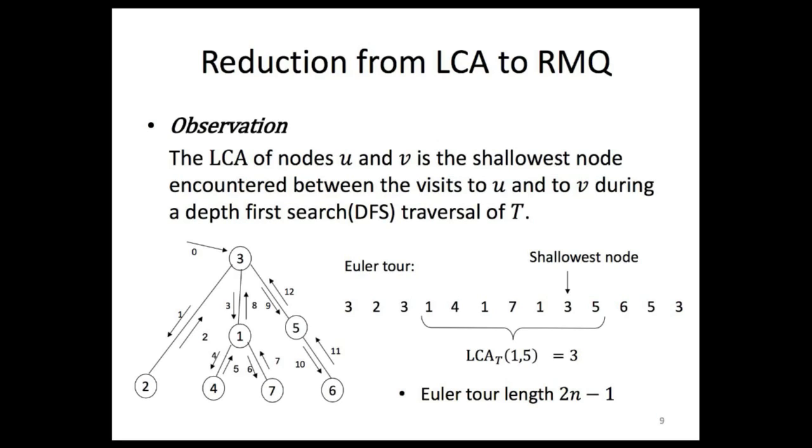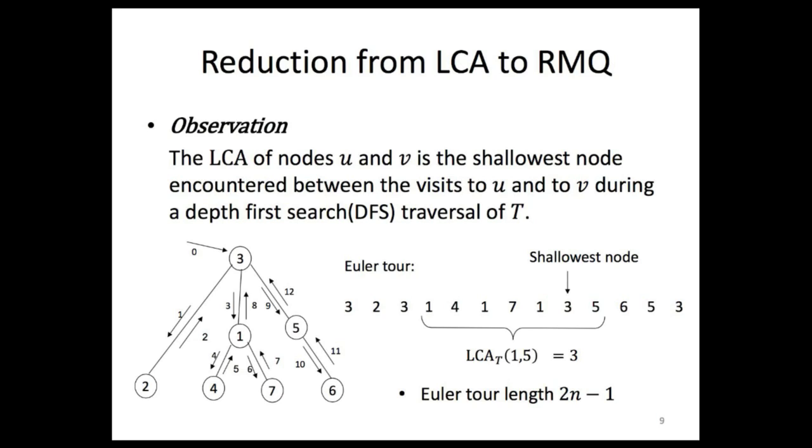So you get this whole traversal, which is the Euler tour of the tree that you have. How big do you think the Euler tour is? It is 2n minus 1 nodes long.